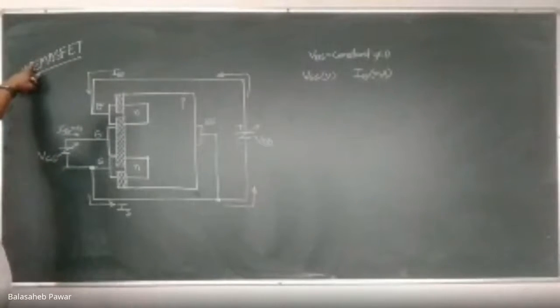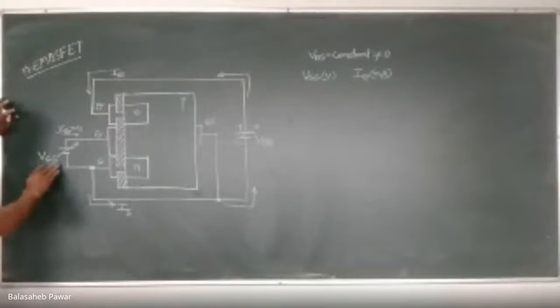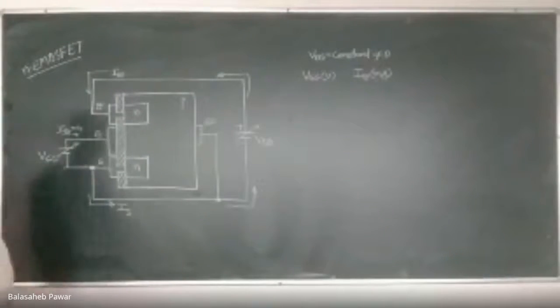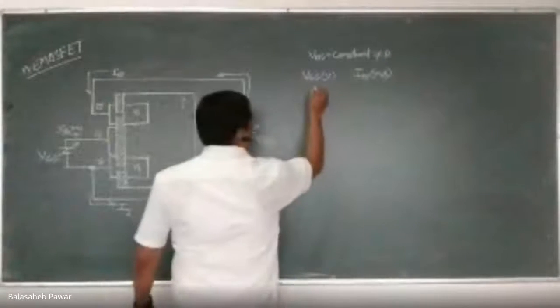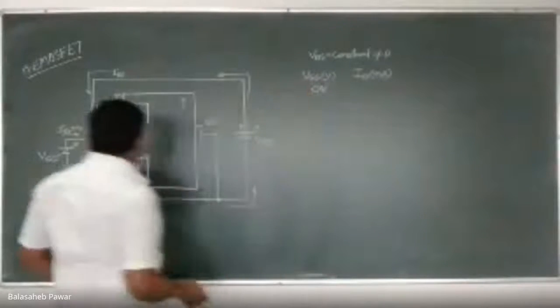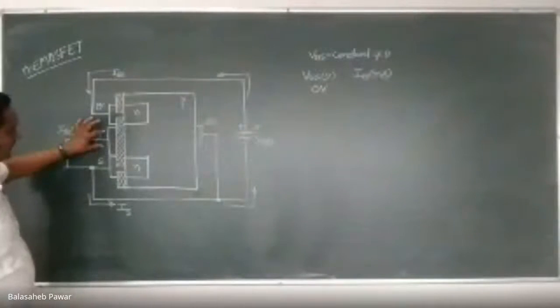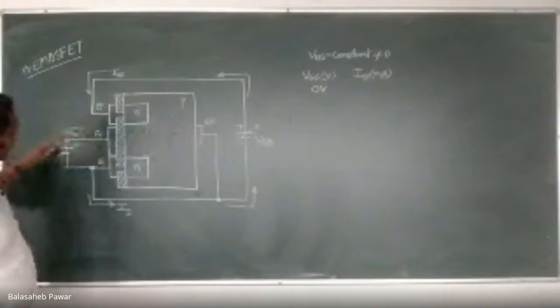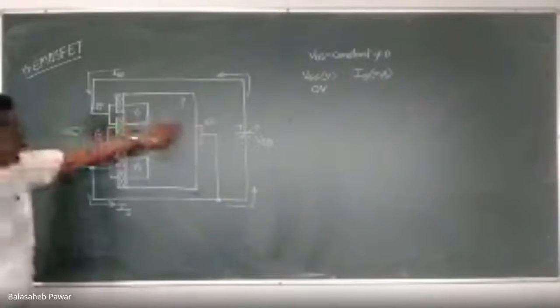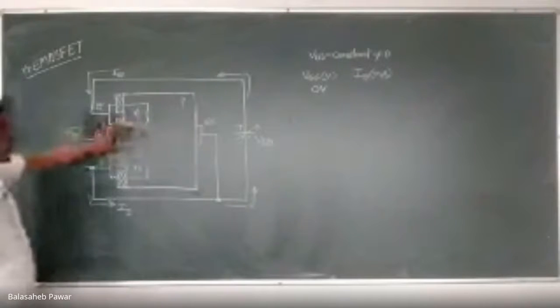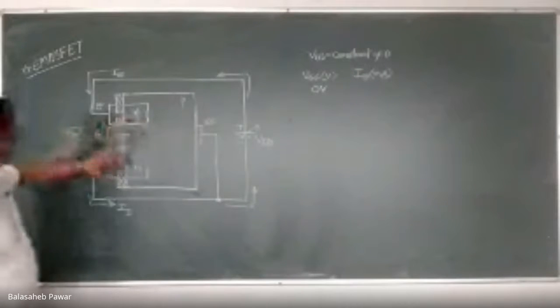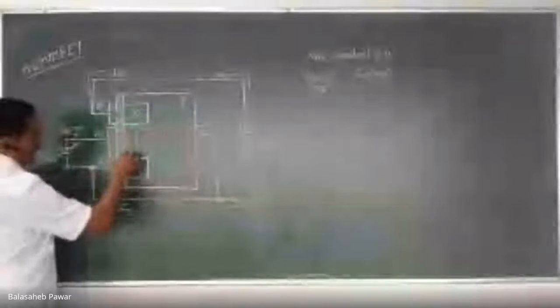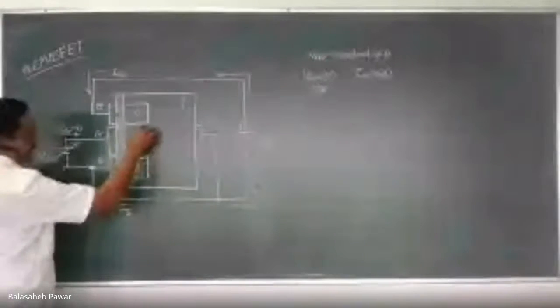During working, initially we'll consider when VGG or VGS is equal to 0 volt, no field will get generated at the gate terminal, and that's why no minority charge carriers, due to the positive potential applied to the gate, will get attracted within this area between the drain and source region. As VGS will be 0, no charge carriers will be attracted. So the region between drain and source will remain P type, right?